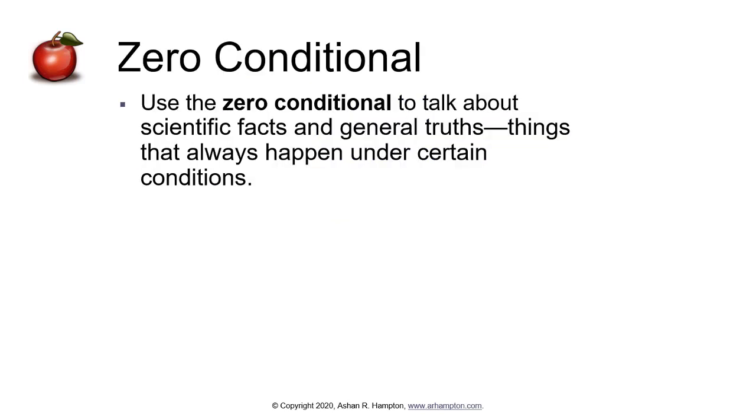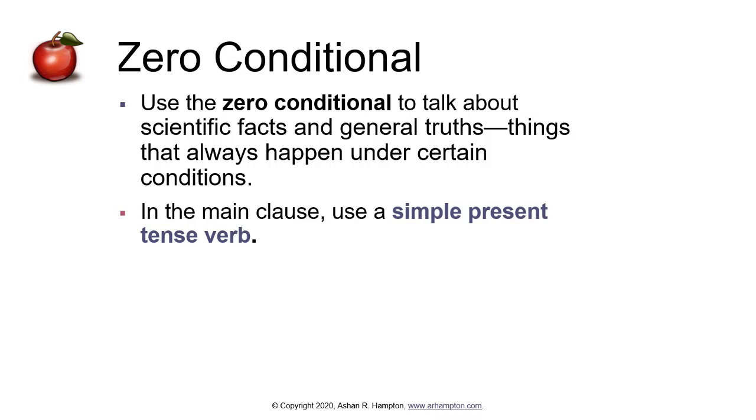Let's talk about the first type of conditional. Remember, there are four types of conditional statements. Zero conditional. Use the zero conditional to talk about scientific facts and general truths, things that always happen under certain conditions. In the main clause, use a simple present tense verb.